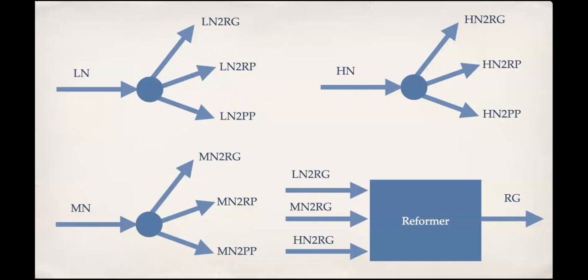From the medium naphtha we produce, we can send it to the reformer to produce reformed gasoline, or we send it to the blending process to produce regular petrol. MN2PP stands for the amount of medium naphtha we send to produce premium petrol.